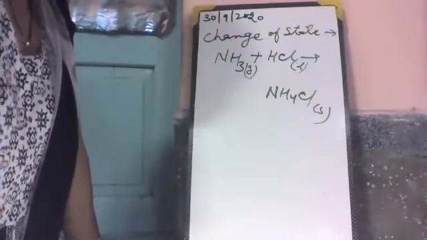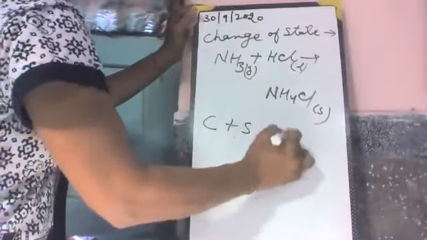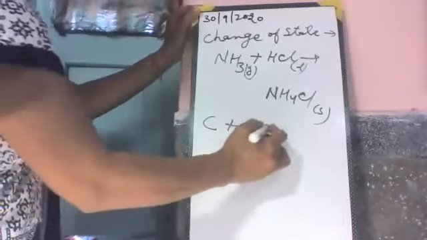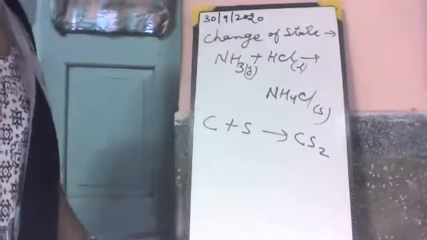Carbon and sulfur both are solid, and after reacting they form carbon disulfide, which is liquid.